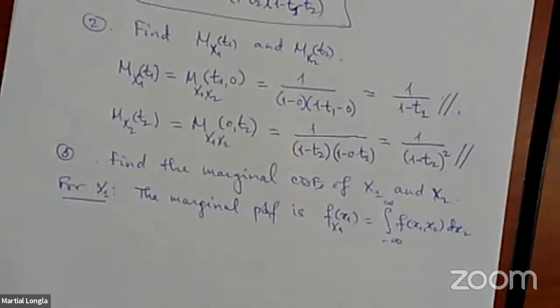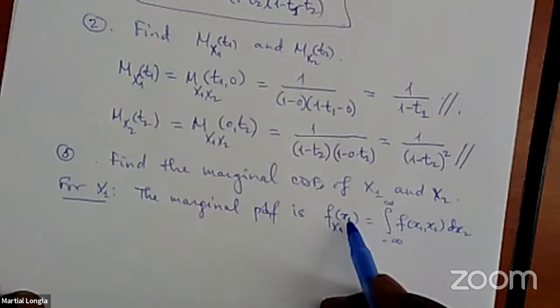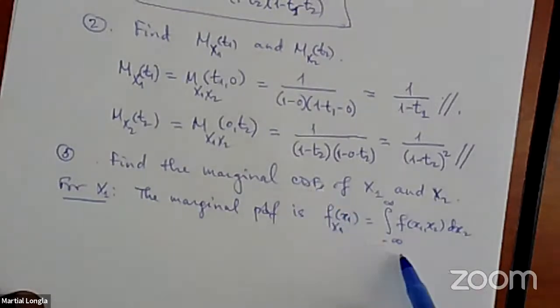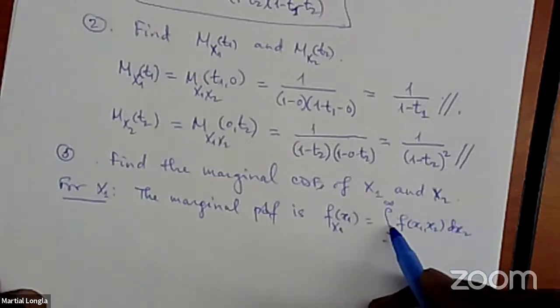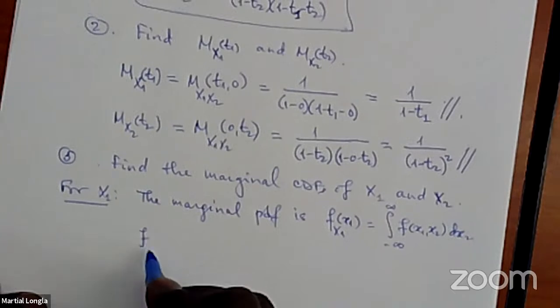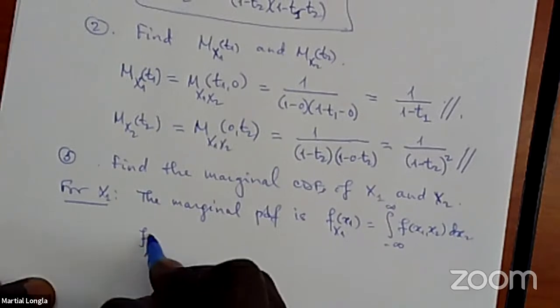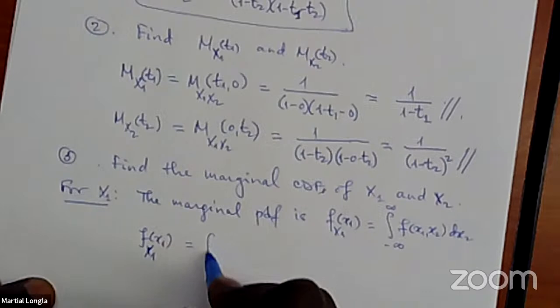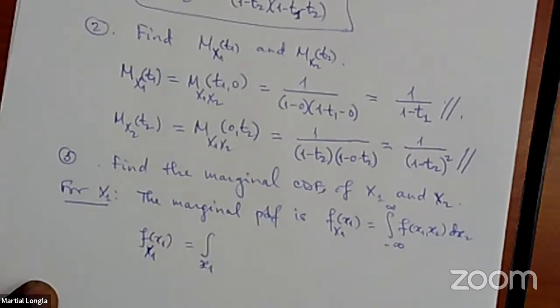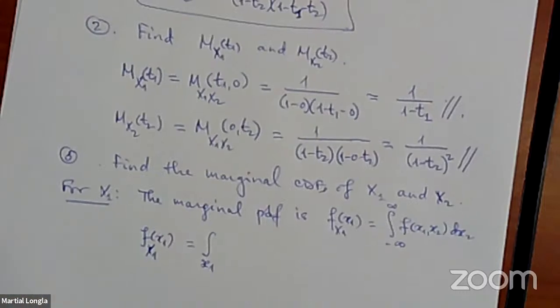So when I am looking for the marginal distribution of x1, x1 is fixed because it's inside the function and I'm integrating over the entire range of x2. But I know that in that range, my integral has to start at x1, because x2 has to be larger than x1.